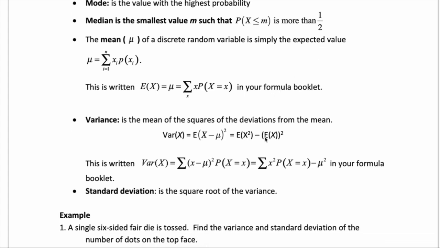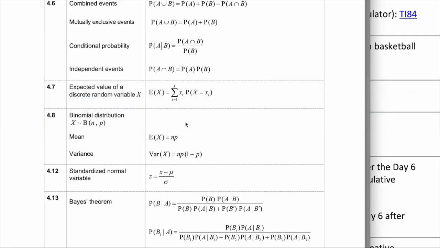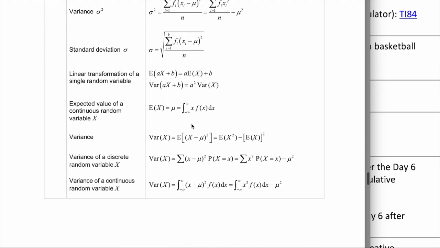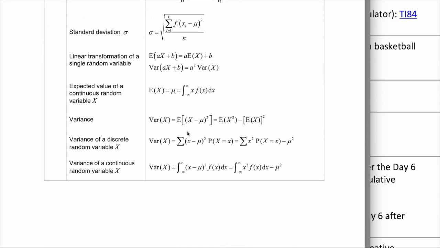Now the expected value and the variance, there are formulas in the formula booklet for that. It's a little bit confusing to read, but let's look at this one with the sum signs. This is basically for discrete, and this is for continuous. This is how you calculate it, but the more useful version is on the right, actually.